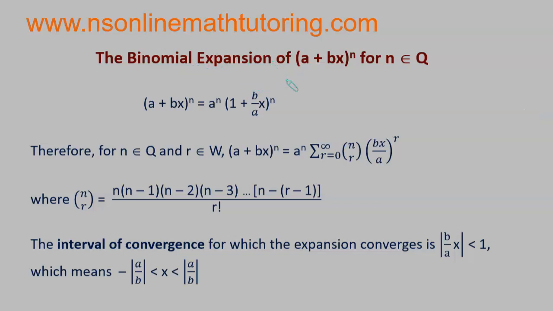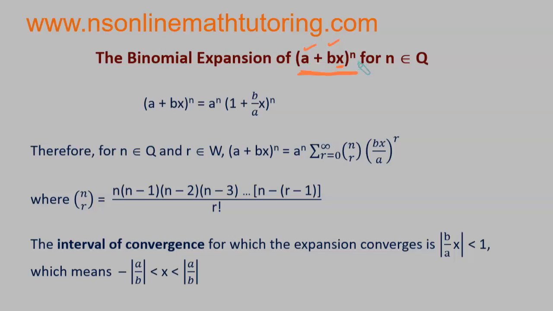Now this is the binomial expansion for (a + bx) whole raised to the power of n. Over here a and b, these are constants. Over here we are seeing a + bx is the binomial expression because it contains two terms, and we are having this x in only one of the two terms. Because you will not be having a binomial expression which will be containing x in both the terms, and the power of the binomial expression will be a rational number.